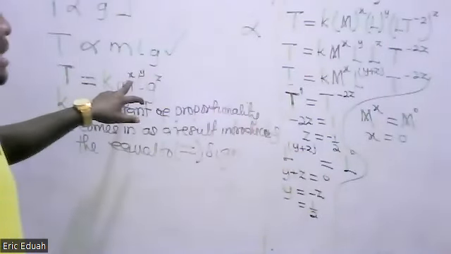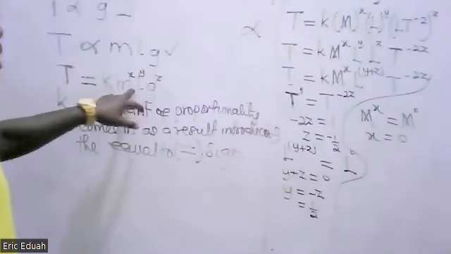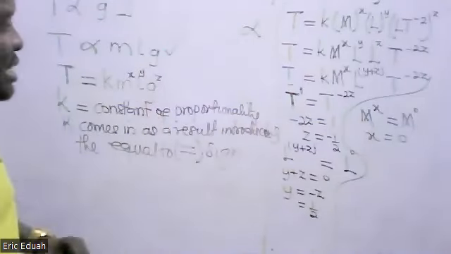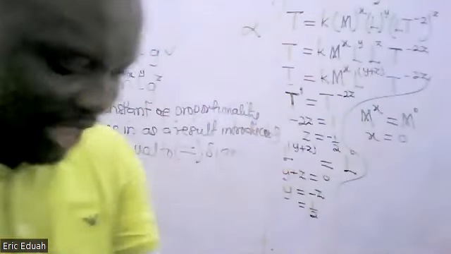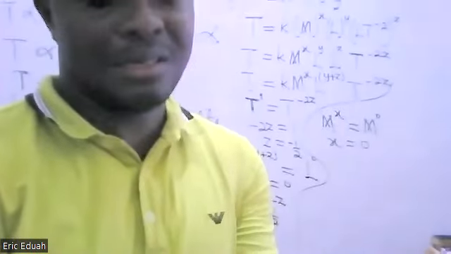So you see, we found the exponents or the powers of each independent quantity. So let's substitute whatever we had for x, y, and z.